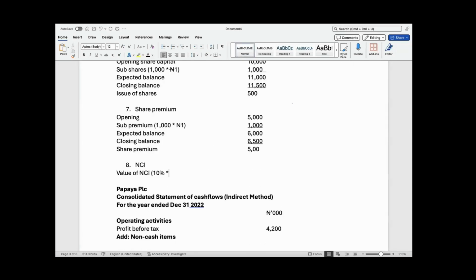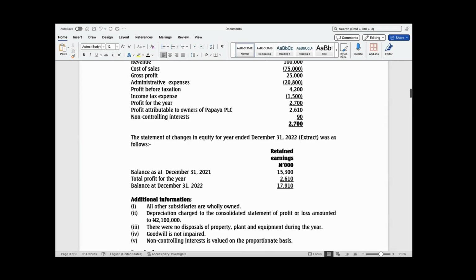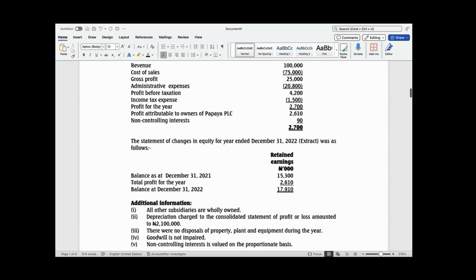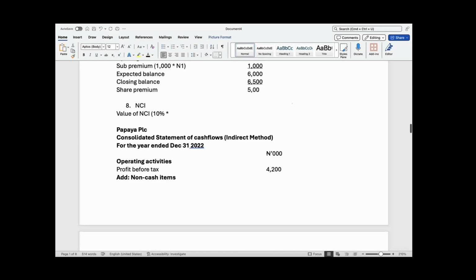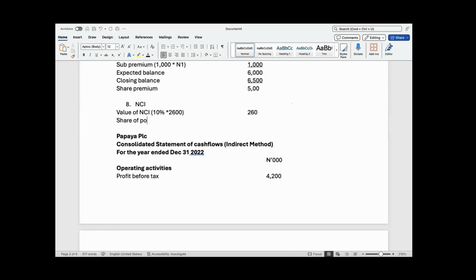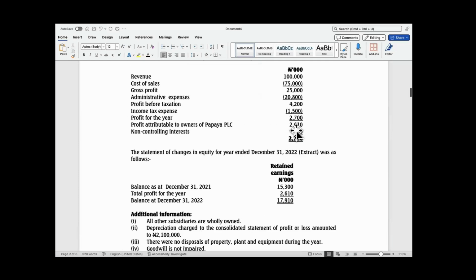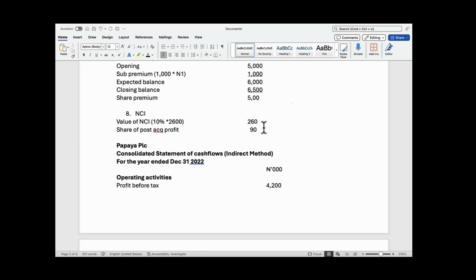Then you had share of post-acquisition profits. I go to my P&L. The NCI has 90 from here. So ordinarily, this is how we determine our NCI.